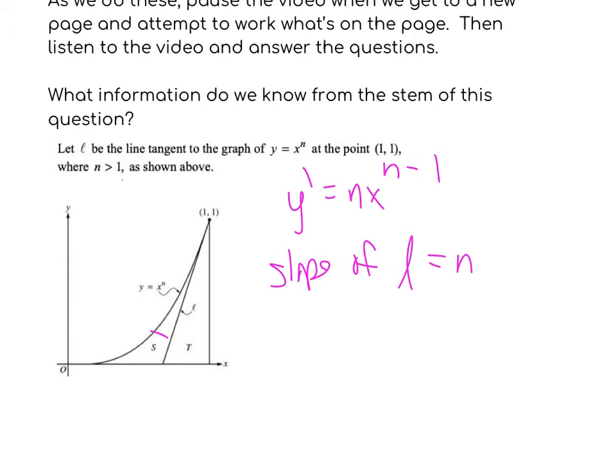Wait, I see an S and a T here, so I'm guessing I'm going to have to find some areas. And that's going to be an interesting move, but we'll figure out how to do that. The T area looks like a triangle, so that would probably be an easier move. And then the S area, we'd almost have to do it with calculus if we're going to find the area.